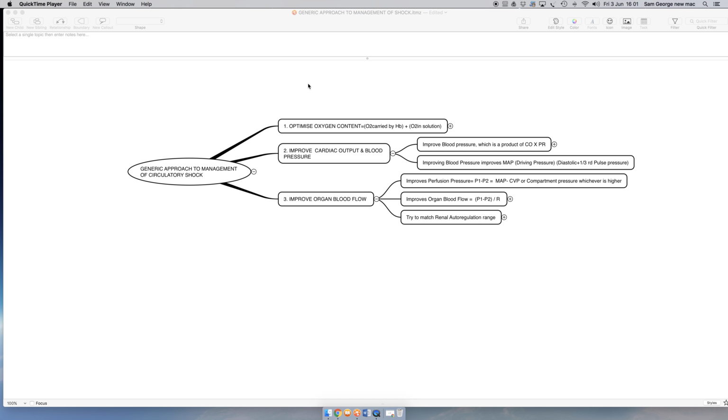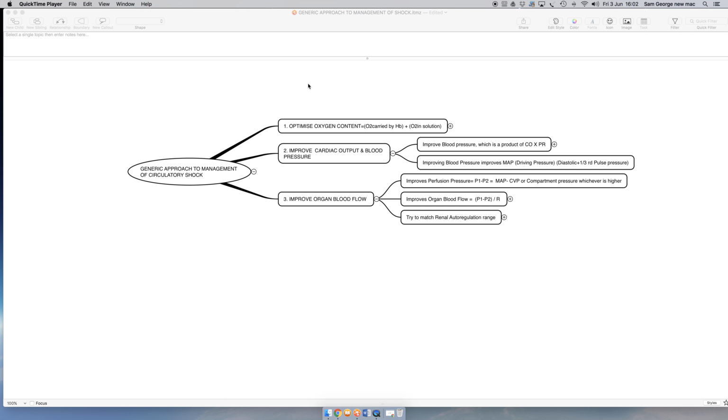Circulatory shock could manifest in so many ways. It could be hypovolemic, distributive, obstructive, cardiogenic. In all these scenarios, if you stick to this principle, you'll never go wrong. And I can show you at various occasions that it's the same principle that has to be applied. So let's look at it.